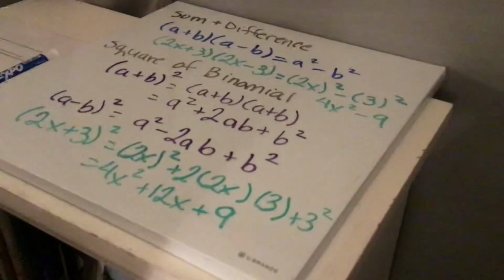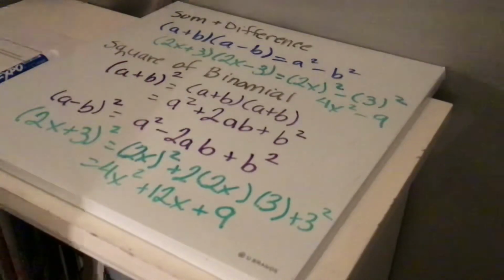All right, so let's just do a couple examples to see how we can apply them. All right, so we want to find the product of 3b minus 5 times 3b plus 5.